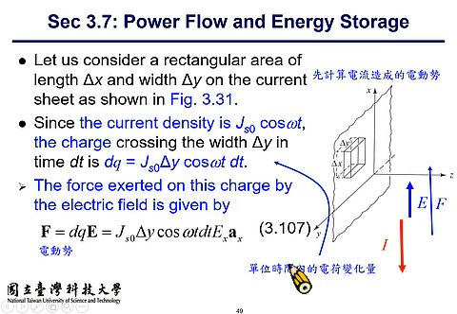Since the current density on the z equal to 0 plane is J sub S0 times cosine omega t, the charge crossing the width delta y in the time dt is dq equals J sub S0 times delta y times cosine omega t times dt.